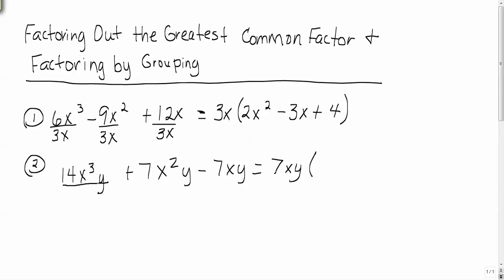So now we're going to divide each term in the original problem by 7xy. Now when you divide the first term by 7xy, that gives you 2x squared. Remember, you subtract those exponents when you're dividing. And the y's completely cancel out on that one. Plus, now this one the 7's cancel and the y's cancel.